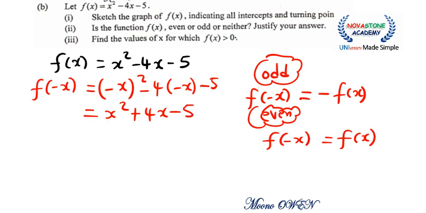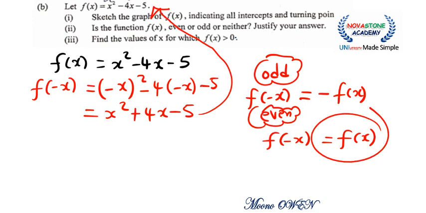So basically you're able to see that this is really different from that. So because it's different, it's not odd. And the opposite is true, because if this is our f of x, this cannot be equal to f of x. This again is also not equal to f of x, because f of x has minuses throughout, but this one has a positive and a minus.